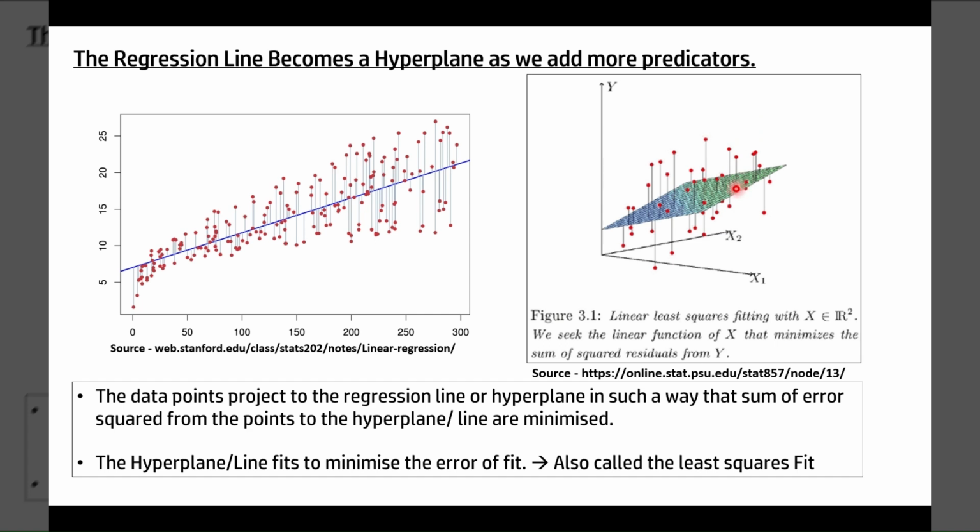This is why we call it a least squares fit. We are literally trying to minimize the gap. The vertical lines which you see connecting the dots to the plane, we want the total squared distance of these gaps to be as small as possible. And we will use calculus to find that out.